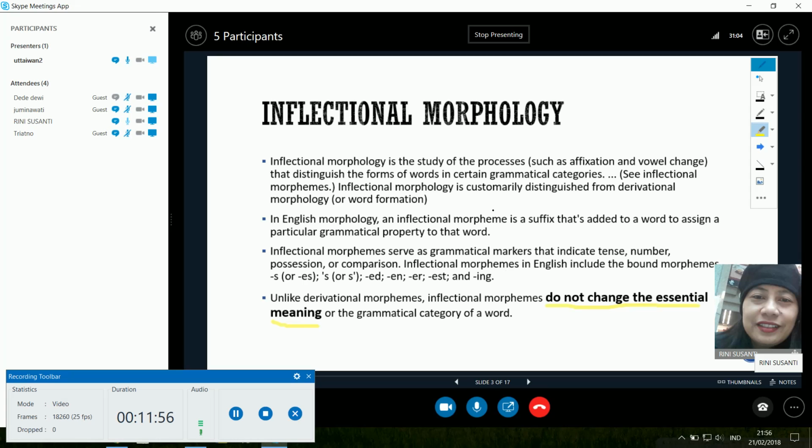So, if you have chance to review the last week material, last week we talked about the free morpheme and bound morpheme. Jadi minggu kemarin kita sudah mendiskusikan free dan bound morpheme. Mungkin kalau kemarin karena yang ikut hanya satu, because there was only one student who attended my class.